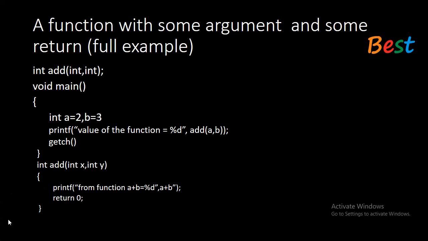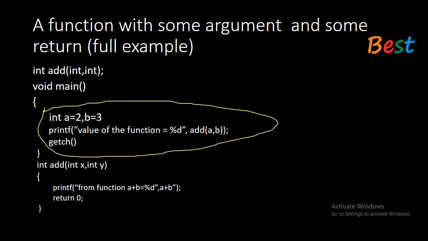Now I have given some values in this section: int a equal to 2 and b equal to 3. Now I have declared this line. This line will show the value of the return that is given from here. Okay friends, and this line will show 0 because I have given 0 here. Okay, now go to the practical.